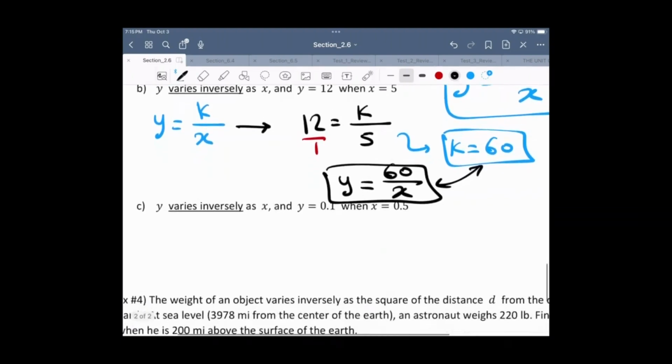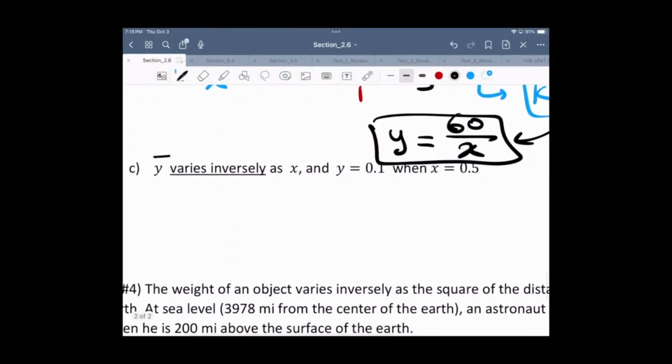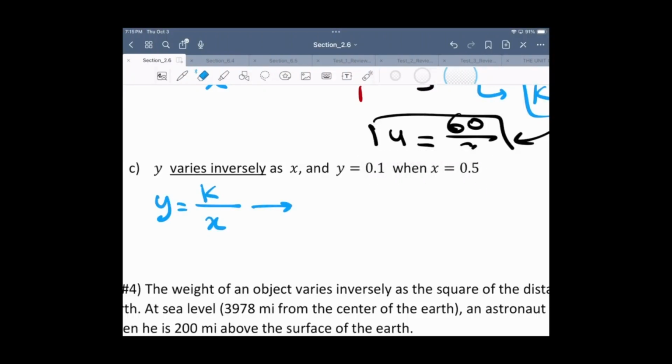And the next one, very similar situation, right? So we have y, we are told that varies inversely as x. So we can set up the formula as y equals k over x. And then use that and the pair of information we have to solve for k, right? Just using that pair.